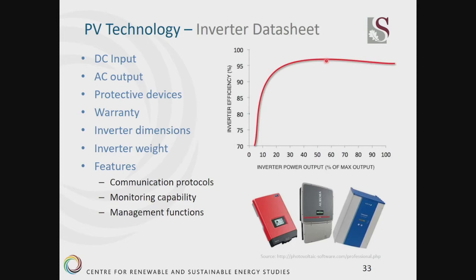But typically at around 50 to 100%, you would have the highest efficiency. This is just an example curve I took from the web, and you can look on your inverter manufacturer's website if they actually give this curve.